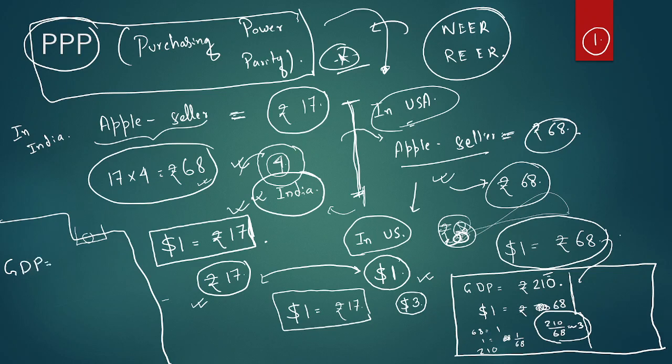Now GDP in India is 210 rupees, and the exchange rate with respect to this apple: an apple is available in America for $1, in India for 17 rupees. Both are equal, so here we apply the same thing. $1 equals 17 rupees with respect to purchasing power parity.